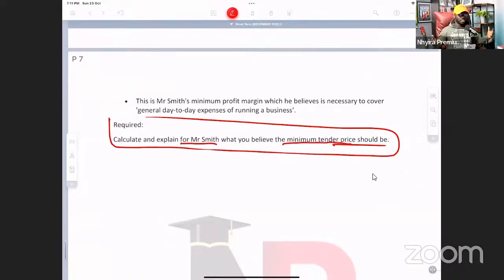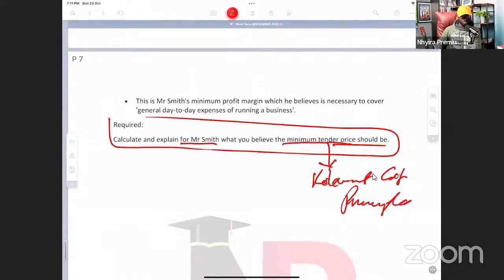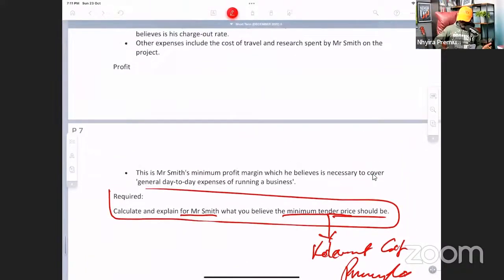The clue is that anytime the examiner says calculate the minimum price of something, or the minimum cost of something, it means you would have to apply the relevant costing principles. And beneath the application of the relevant costing principle will be the issue relating to the marginal costing principle ultimately. So that is why we know that's what we're going to do.